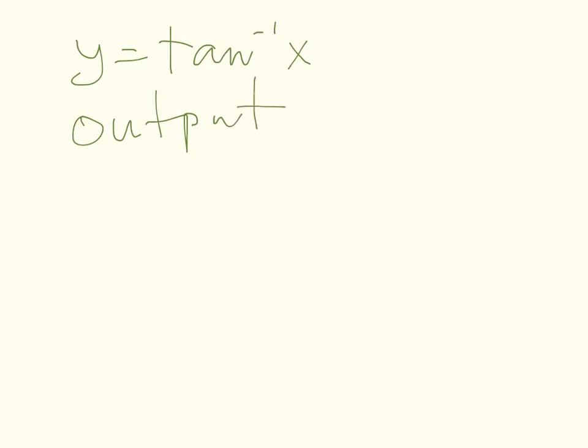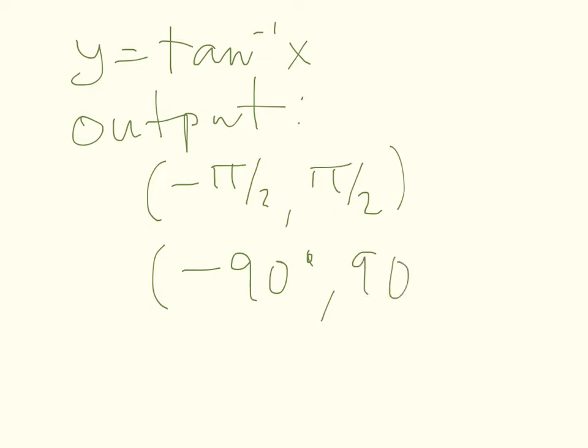So the output of y equals inverse tangent of x has to be from negative pi over 2 to pi over 2 in radians, or negative 90 degrees to 90 degrees.